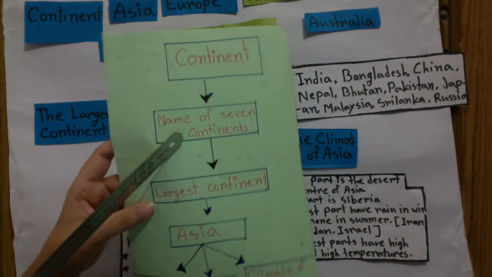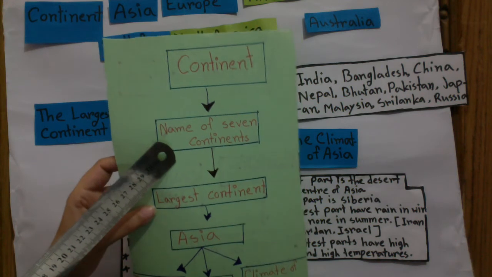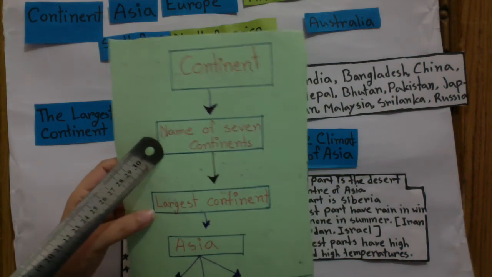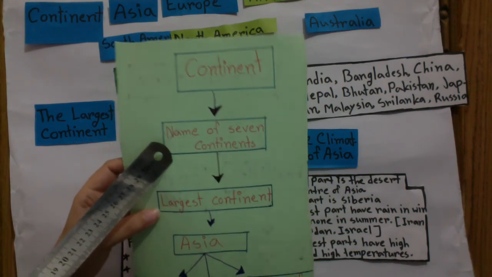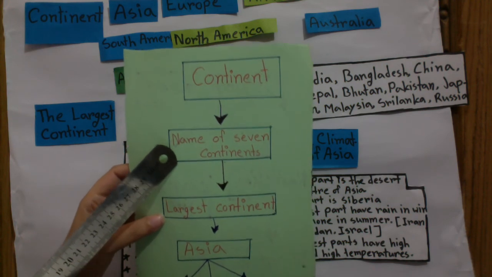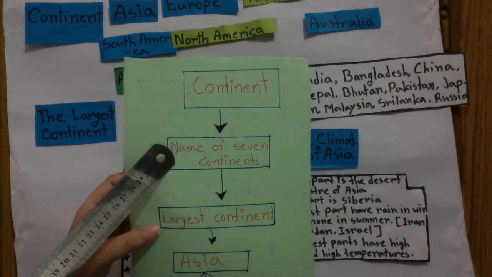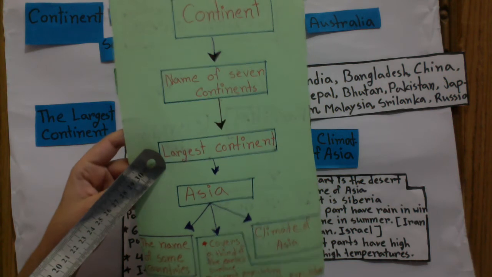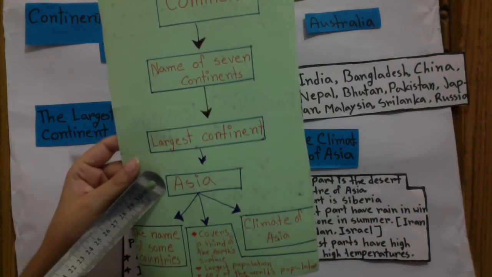Now, we have to know the names of the 7 continents. How many continents are there in the world? The 7 continents are Asia, Europe, Africa, South America, North America, Australia, and Antarctica. Now the largest continent. Do you know the name of the largest continent of the world? Asia. Asia is the largest continent.